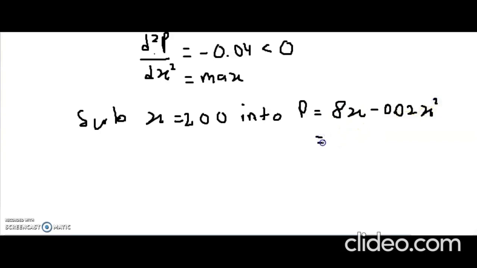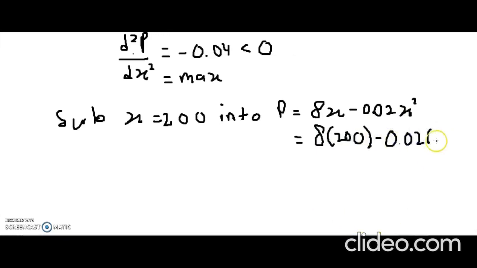So you substitute 200 into the equation. Minus 0.02 times 200 power of 2.